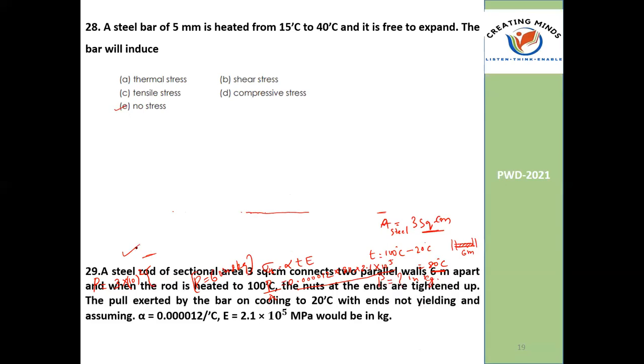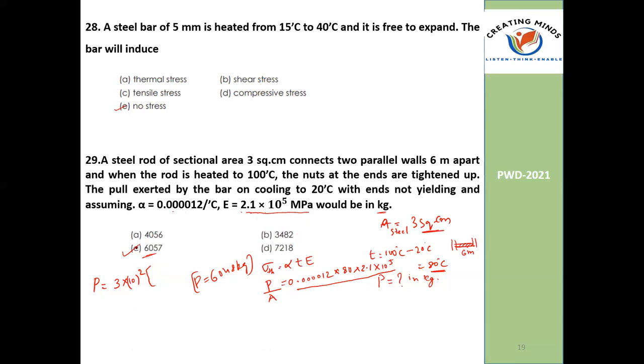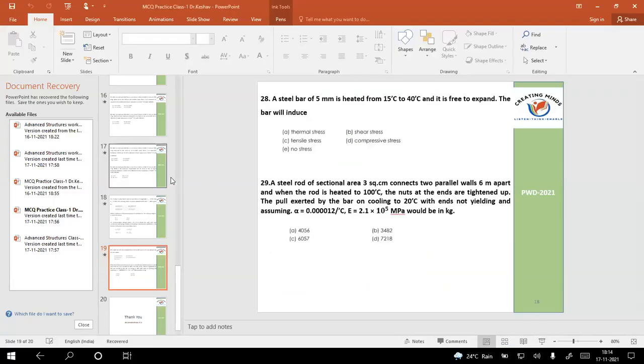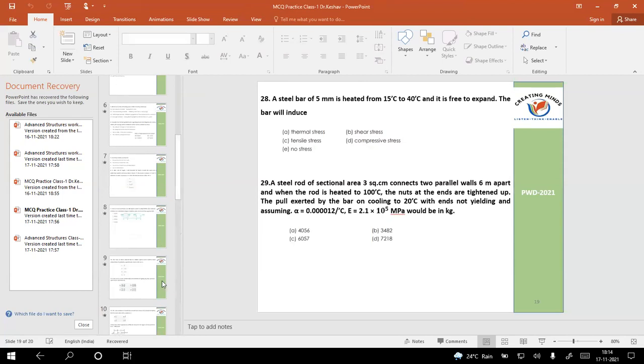Whatever we discussed in the last class regarding elastic constants, right? See, what are elastic constants?